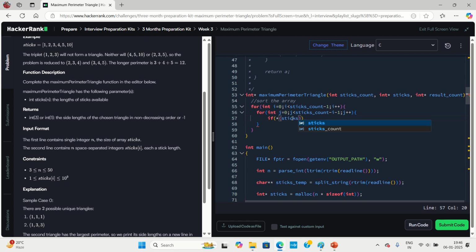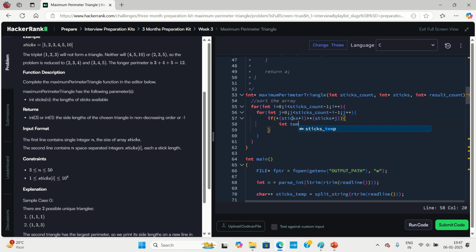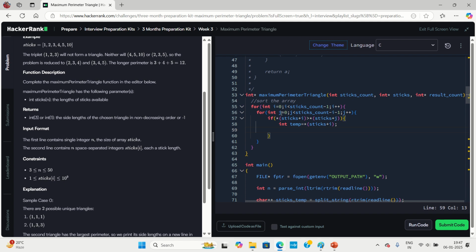So sticks plus I, greater than value at sticks plus j, then let us swap: int temp is equal to value at sticks plus I. Let me just copy paste it, because if I start writing again and again it will take time. If value at sticks plus I is greater than value at sticks plus j, swap, and value at sticks plus I is equal to value at sticks plus j.